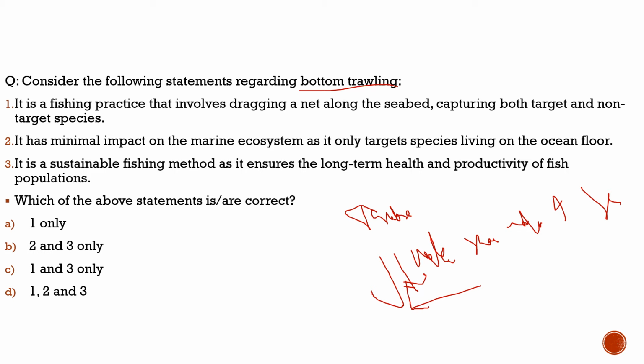Once they do this bottom trawling in their waters, suppose this is the Indian coast and this is their exclusive economic zone, which extends up to 200 nautical miles. Up to this, Indian fishermen can do their fishing.